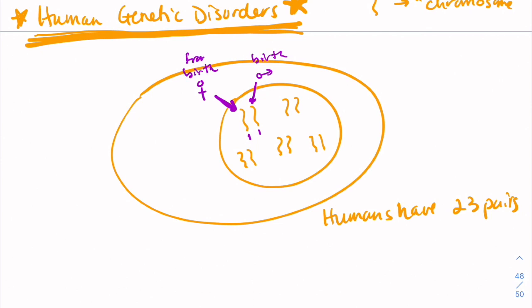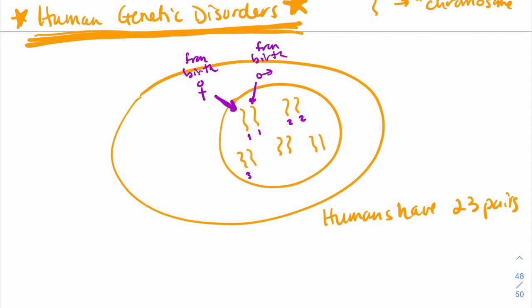So this is from your birth mother, and the other one is from your birth father. Universal symbol for female, universal symbol for male as well. We also have a pair of chromosome number 2. Fabulously exciting names that scientists gave all of the human chromosomes, but it's just easier to take care of them if we give them all a number instead of calling them, I don't know, Kim and Kylie chromosomes.